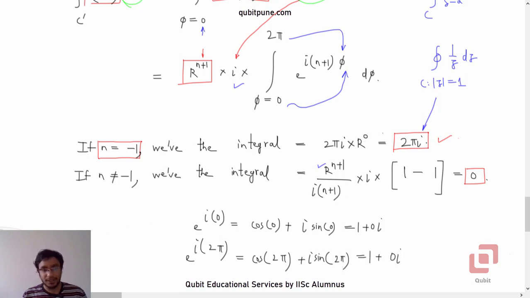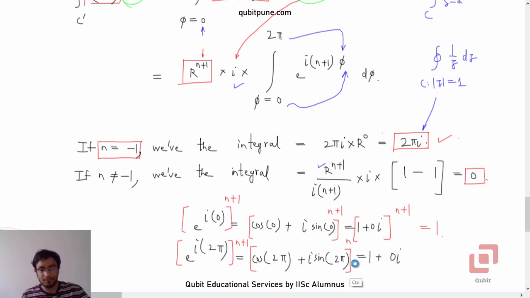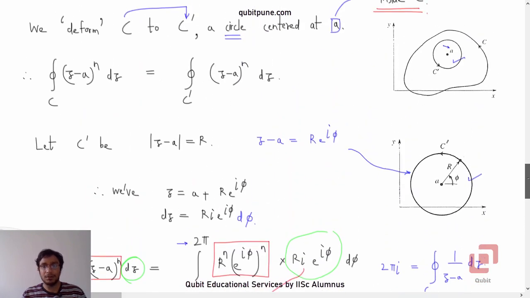So if you are raising the powers to n plus 1, where n is any integer, you are still going to get 1. The same applies to e to the power i 2 pi. So that completes the problem.